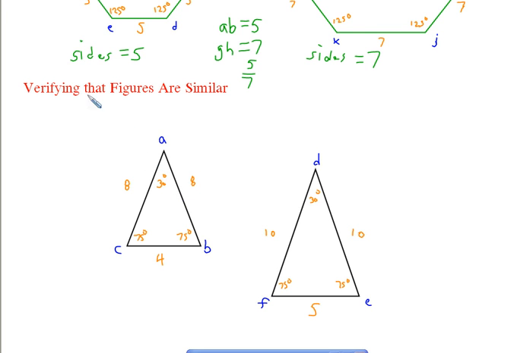Here are two triangles, triangle ABC and triangle DEF. The first thing I always do with these is ask, do all the angles match up? In this case, check out 30, 30, 75, 75, 75, 75. So I know for sure that the angles match up, because if the angles don't match up, then it's not going to work. Sometimes the triangles can be placed in a different way.